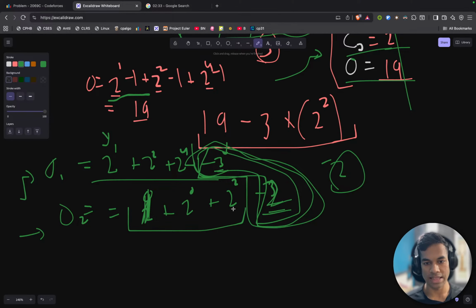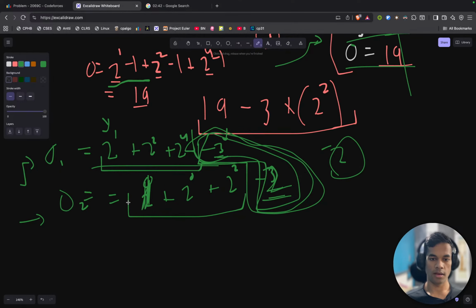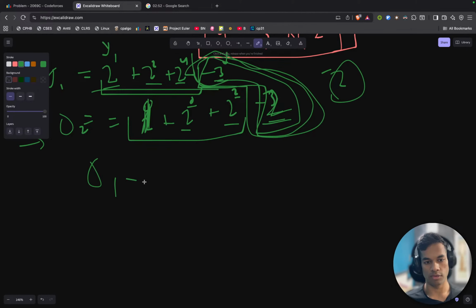And for this number, if we store this instead of powers of 2, if we store just these powers, the first one would be like 1, 2, and 4, and then minus 3, which we are not considering right now.